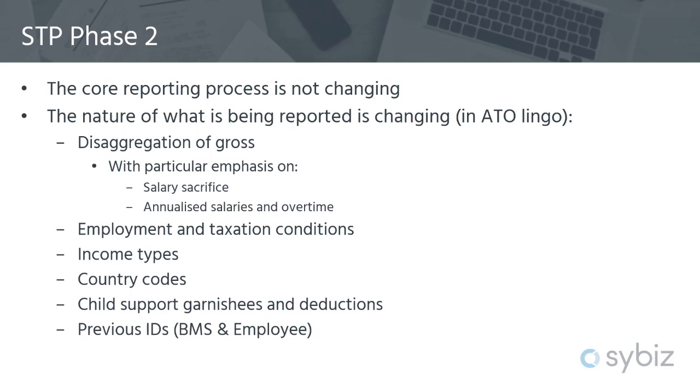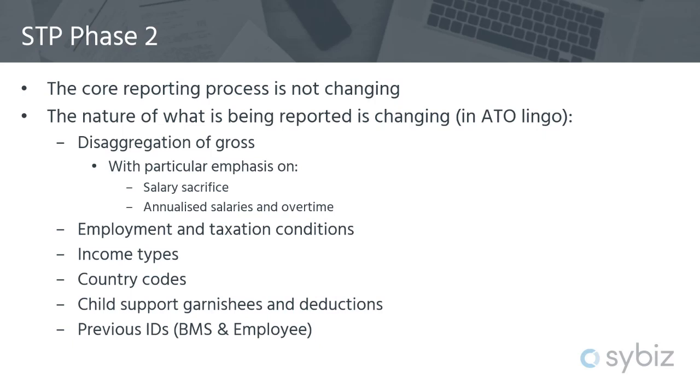So the ATO didn't really know that those kind of benefits were being paid, but what they're wanting to essentially achieve at the end of the day is they're wanting to gross your earnings back up to the pre-salary sacrifice amounts. So that's a significant change from a salary sacrifice point of view in STP2, because previously you'd be showing your earnings net of the salary sacrifice. Now we're going to be showing pre-sacrifice earnings.